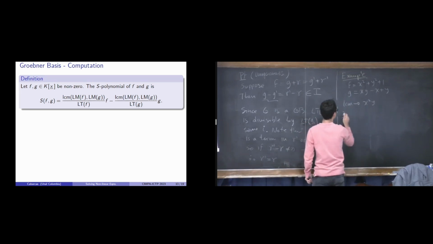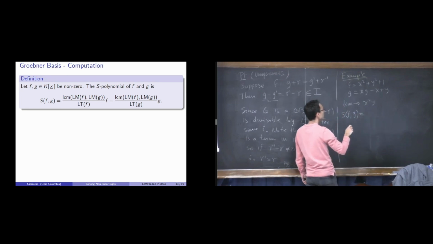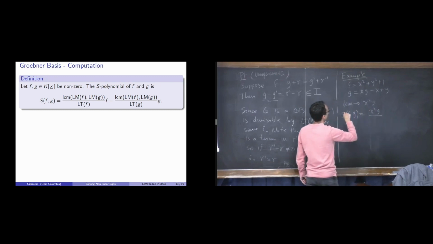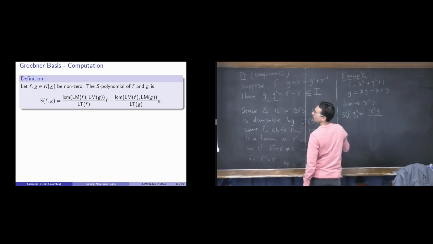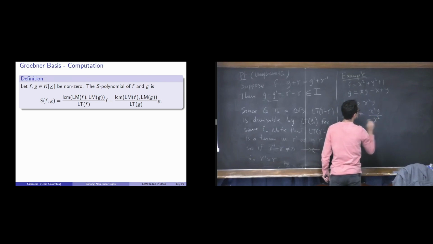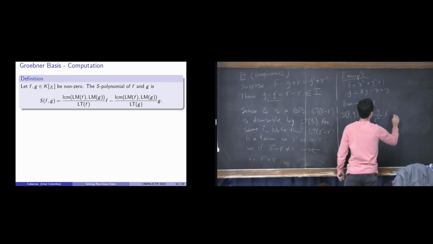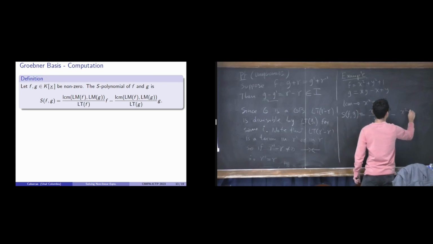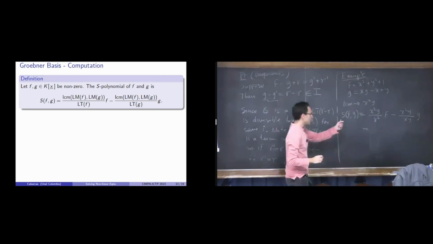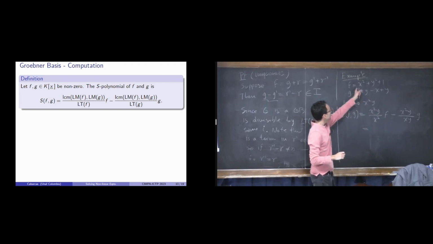And so the S polynomial of F and G is x squared y divided by the leading term of F, in this case x squared, multiplied by F, minus x squared y over xy multiplied by G. This is precisely what needs to be multiplied so that the leading terms cancel.